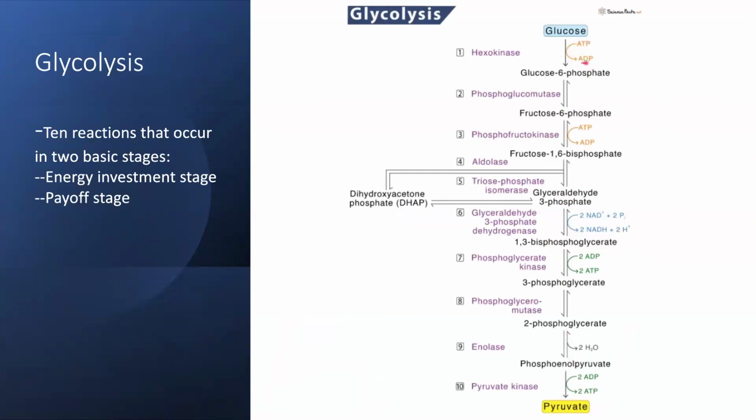This is that initial investment of energy to convert glucose to glucose 6-phosphate. Then we have another investment of energy where we convert fructose 6-phosphate to fructose 1,6-bisphosphate, so they get these 2 phosphates. From here down, we get our energy production. We get 2 ATP generated here and 2 ATP generated here.